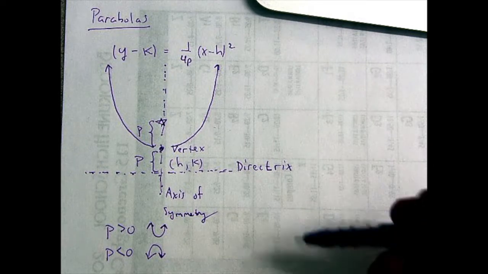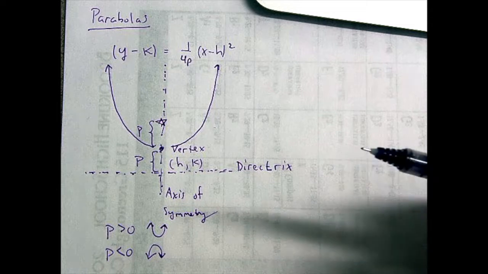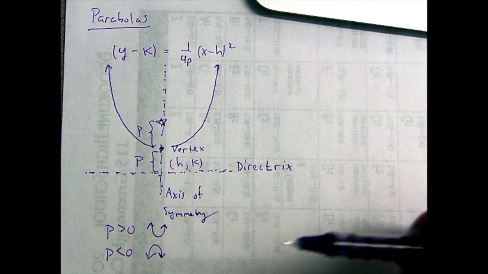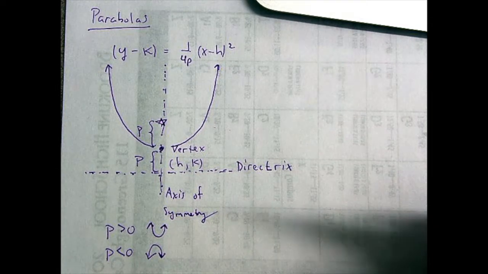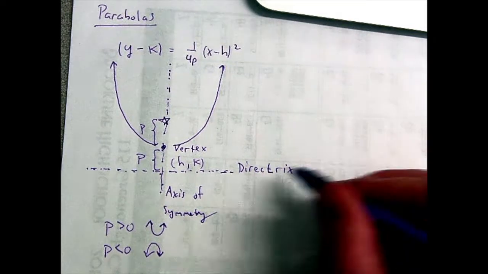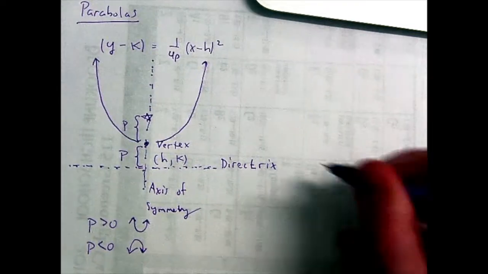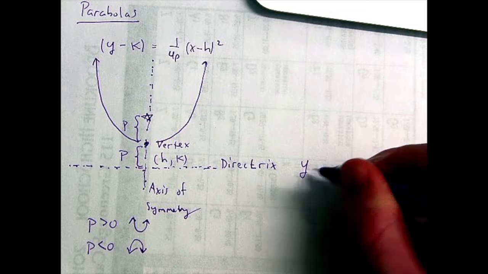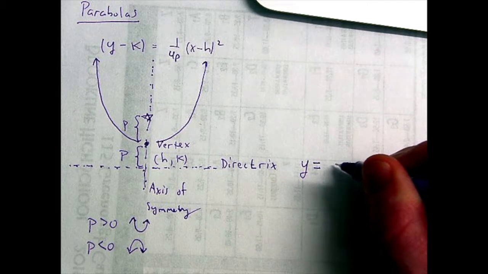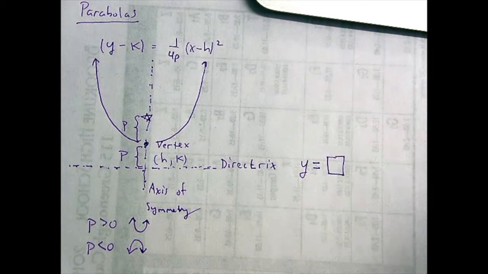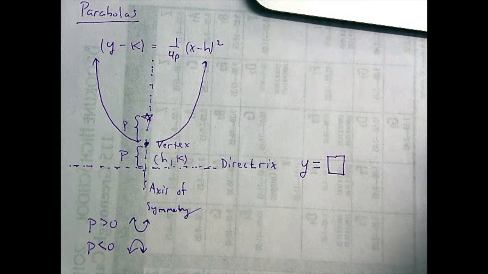I just want to remind you that horizontal and vertical lines, their equations have a particular form. They're a little bit different, right? A horizontal line like this one is always of the form y equals just some number, like y equals 5 or y equals 7. There's no x in the equation.